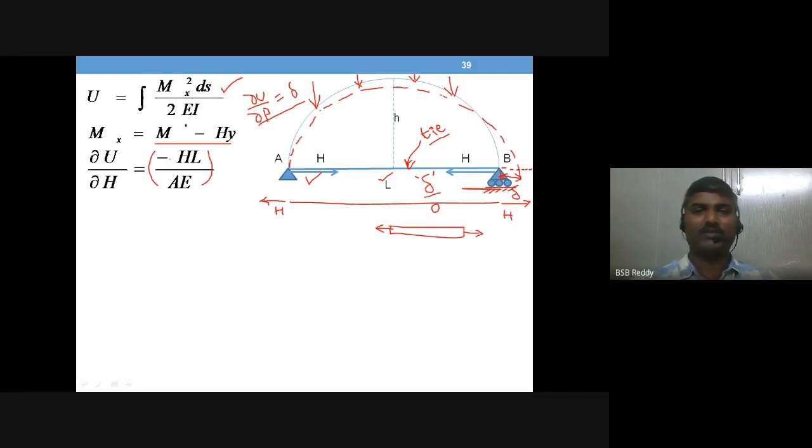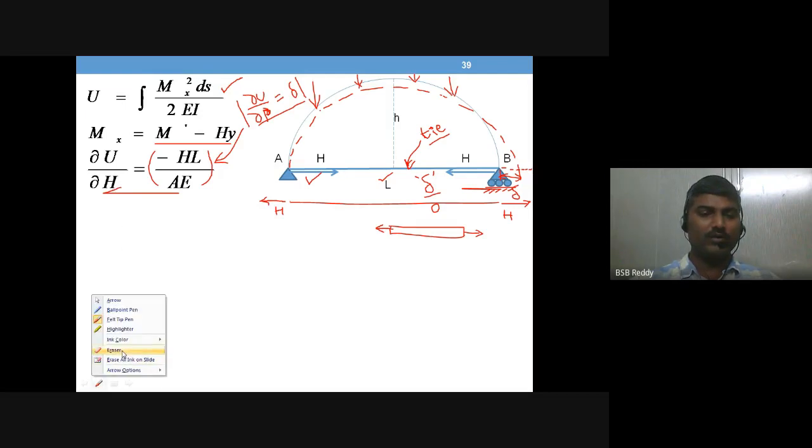Okay, that is what you are looking at now. So here the load, the redundant that is taken, is H. Because it is an indeterminate structure, we are talking about a redundant. So H is the redundant, and this is going to be delta in that direction.